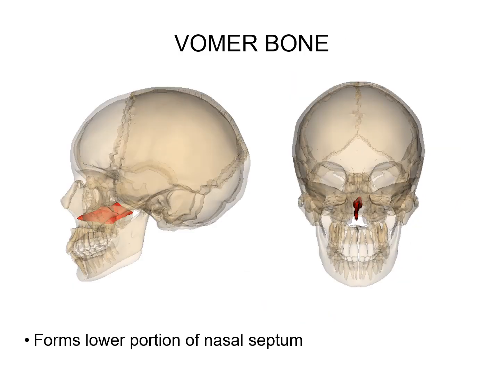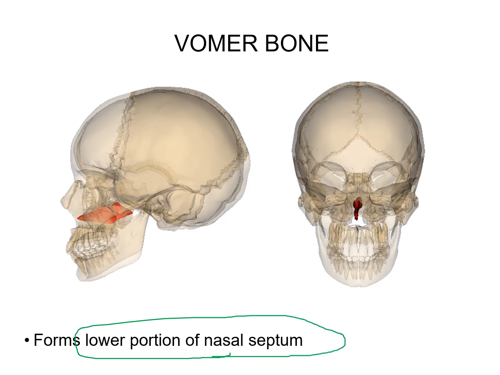Then we have the vomer bone, another odd looking irregular shaped bone. You can see from the anterior view on the right, it looks very, very tiny. It is tiny. But if you look at the lateral view on the left, it is long. So it does take up a good amount of space. And this is the bone that makes up the remainder of your nasal septum.